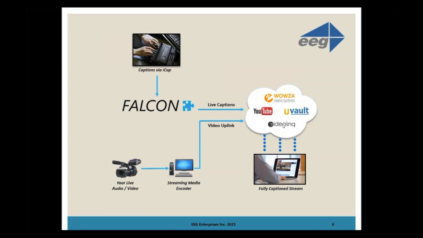If the broadcaster needs captions locally for traditional TV transmission, or for example, putting them on a jumbotron or something like that at a stadium, those are applications where you're still going to need to get those captions embedded into the SDI video, which means you can send the captions over ICAP to a hardware unit. But if you don't have that hardware unit on site, you're not going to have embedded captions, which you're going to need for television.